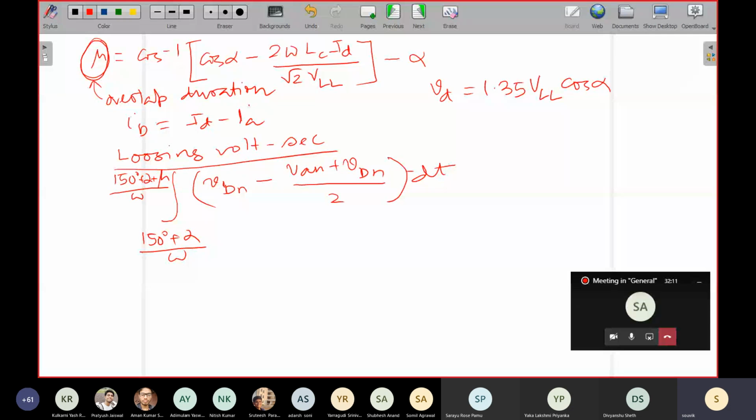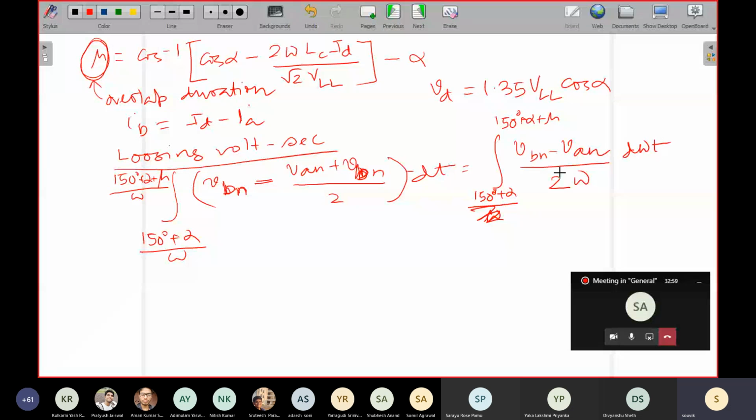Losing volt second is this. It should have been VBN. Instead of that, we are getting VAN plus VBN by 2, so we have to integrate from 150 degree plus alpha to 150 degree plus alpha plus mu of VBN minus VAN by 2, d omega t by omega, right?